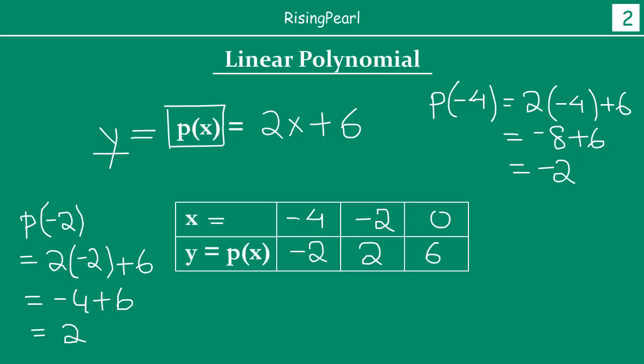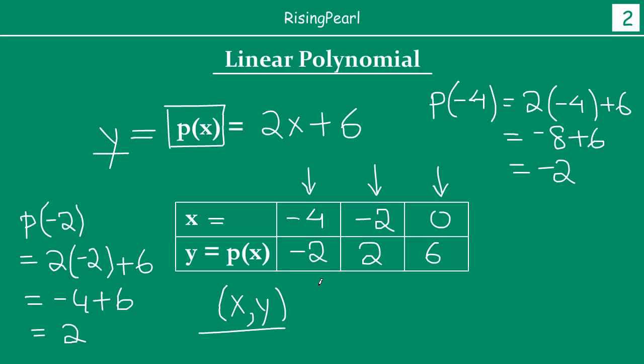Now, the next step is we have to draw the graph, right? So what we have done so far is we have found out the coordinates. We have actually found out 3 points. So this one is x equals minus 4, y equals minus 2. Recall that in coordinate geometry, each point is represented by 2 coordinates, x and y.